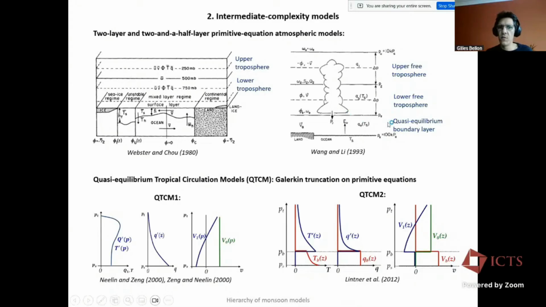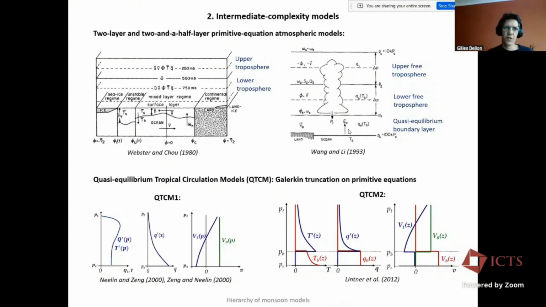But we consider that this boundary layer is always adjusted to the forcings around it, so it's in quasi-equilibrium with the surface and the free troposphere above. That's why we call it a half layer: it doesn't have any prognostic variables in it. It's just always well adjusted to the rest.